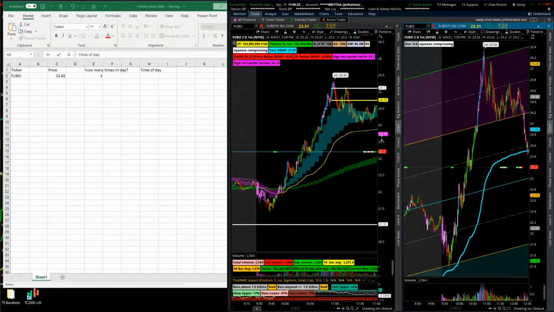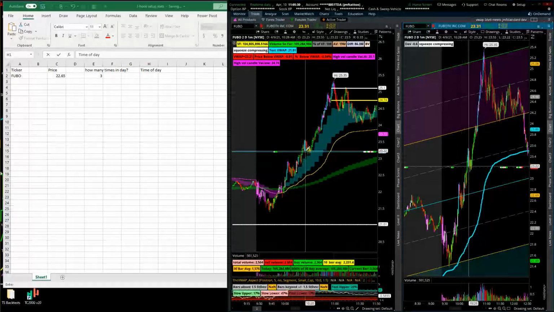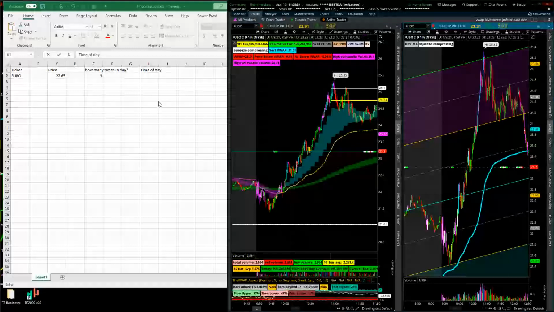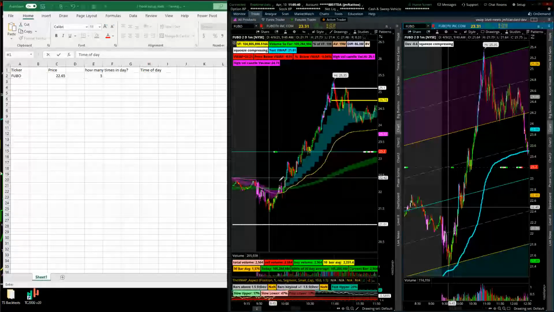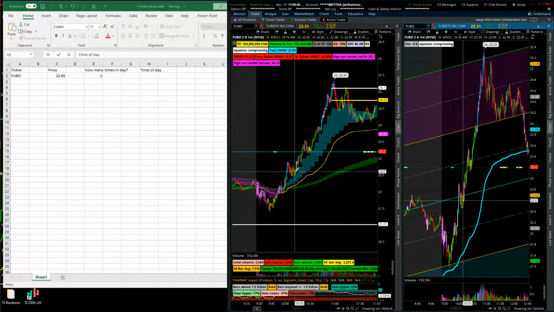But as you start getting used to it and you get a system going, it gets much faster. You get quick at it, you know. So what I like to do for time of day is usually when the first pattern started, because we want to know when it first happens, right? Not the third one at high of day, right?